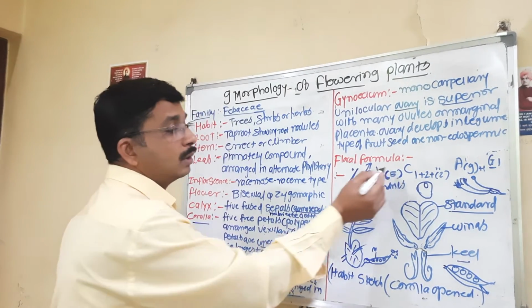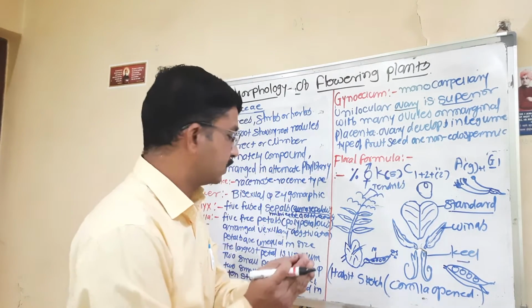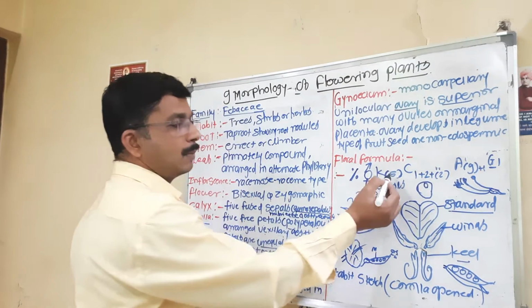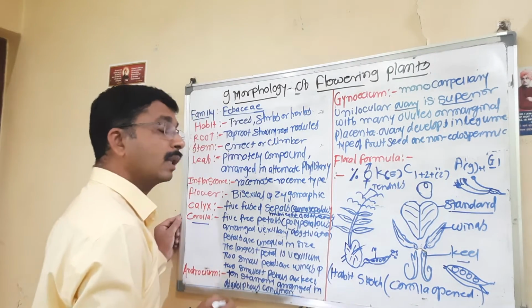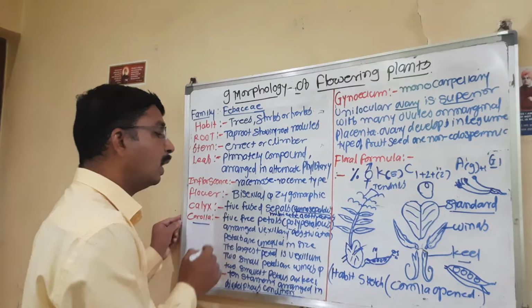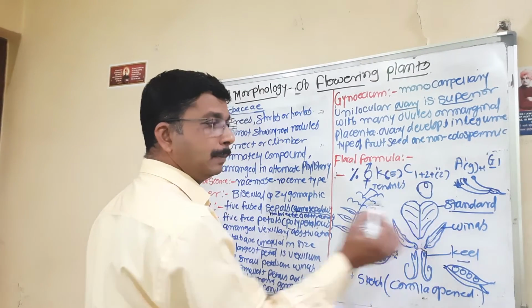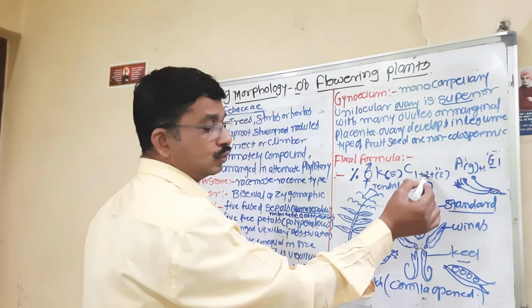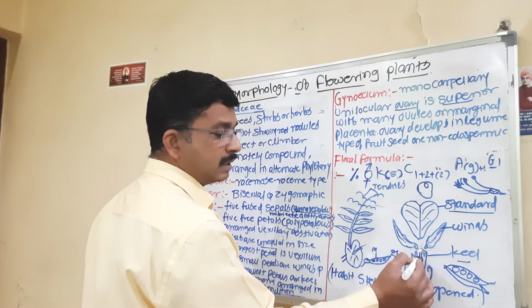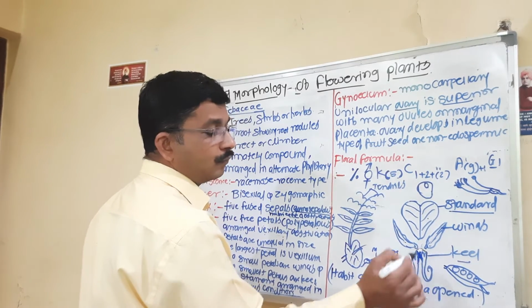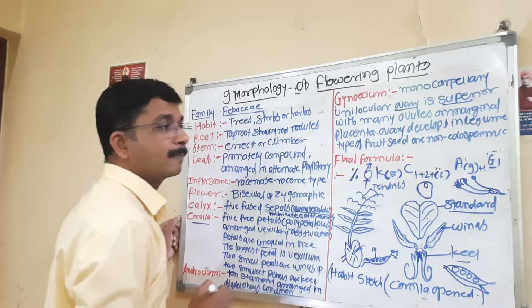Why do we draw this bracket? Because the sepals are fused, so the condition is gamosepalous. We represent it like this. Then the corolla has one posterior petal, two lateral petals, and two anterior petals that are somewhat fused, so we represent it like this.